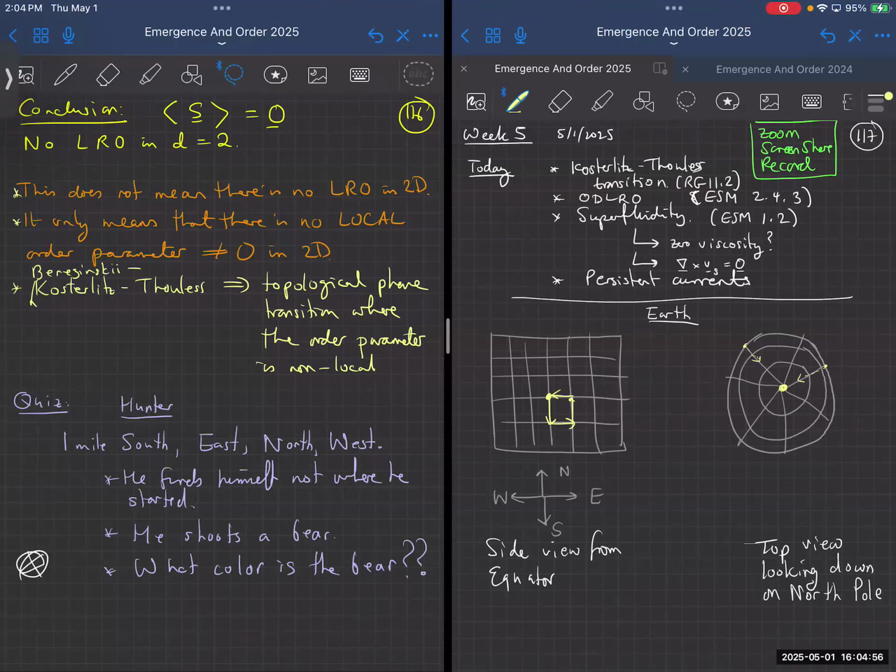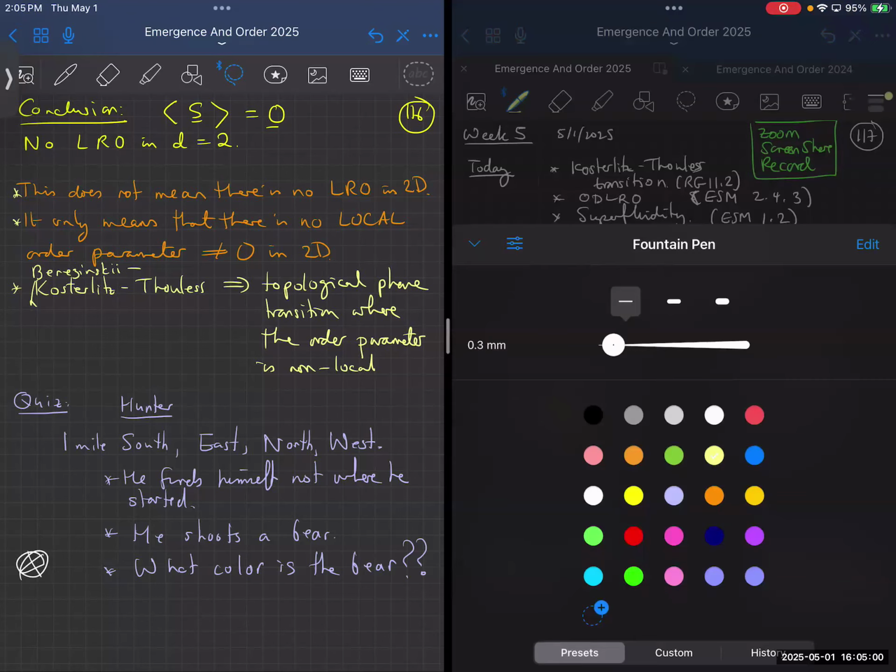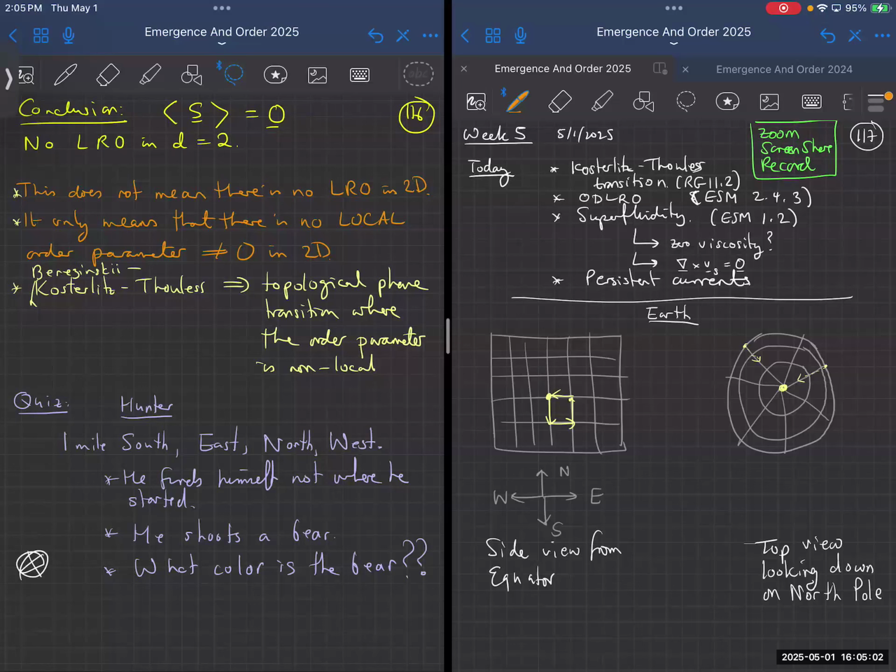So let's suppose that we start off somewhere around here. I'm going to go 1 mile south, and then 1 mile east, and then 1 mile north, and then 1 mile west.